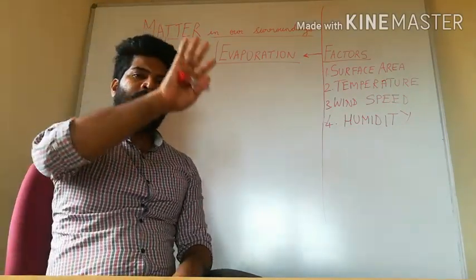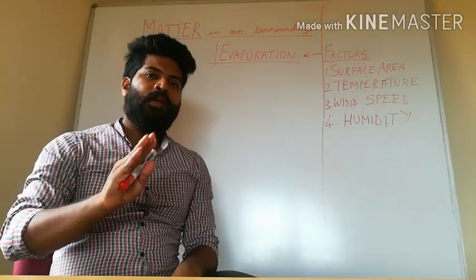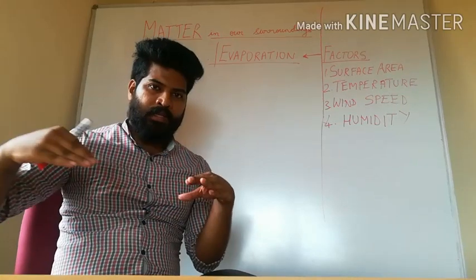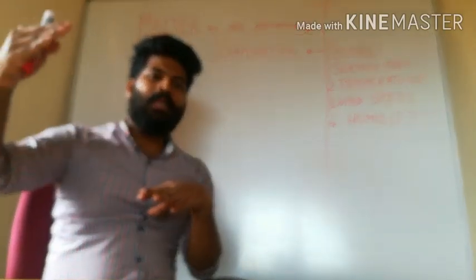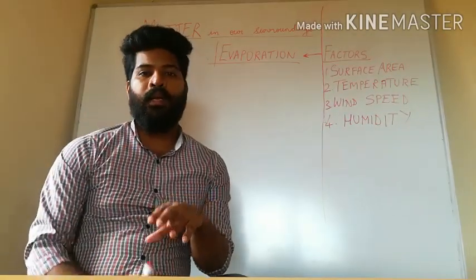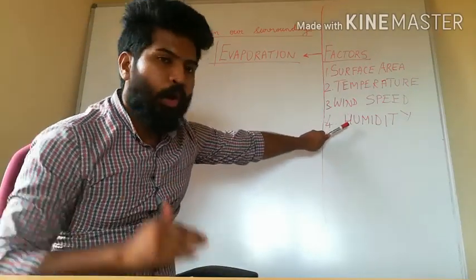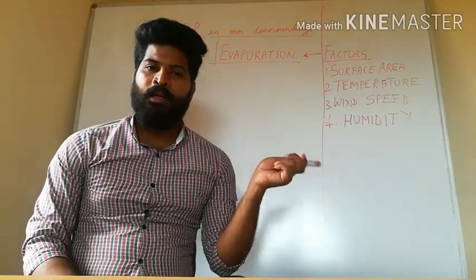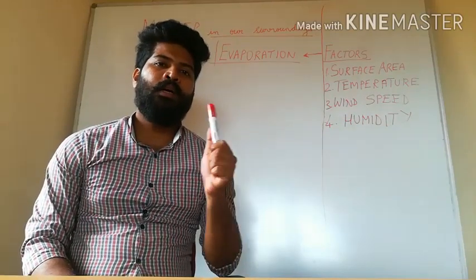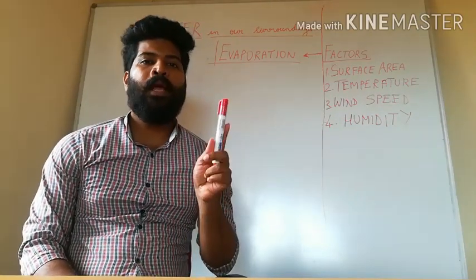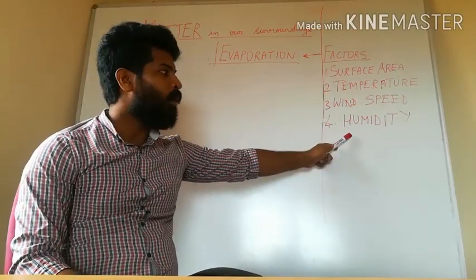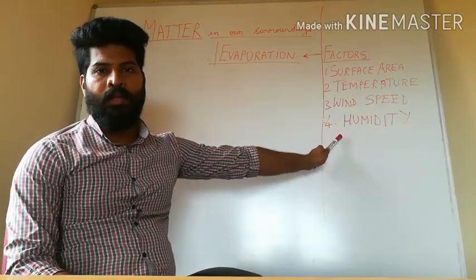Since the atmosphere is already saturated, it's already humid, the transfer of particles from the surface will take place at a much slower rate. Therefore, that is the reason during monsoon the drying of clothes is comparatively slower. One reason is temperature, another important reason is humidity.